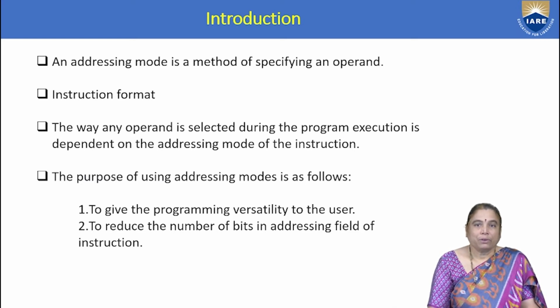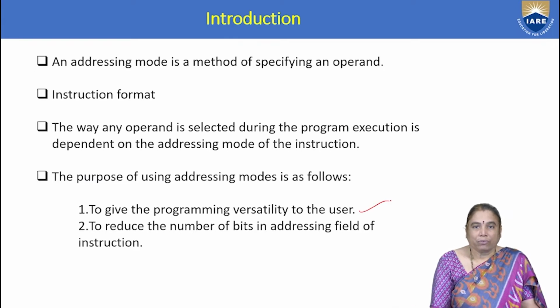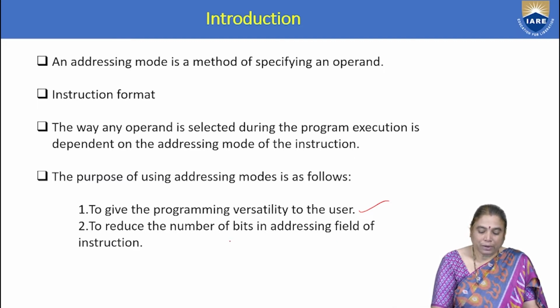The purpose of using addressing modes is to give programming versatility to the user. A variety of addressing modes are there. By using these, the location of the operand can be specified in a versatile way, to reduce the number of bits in the addressing field of the instruction.